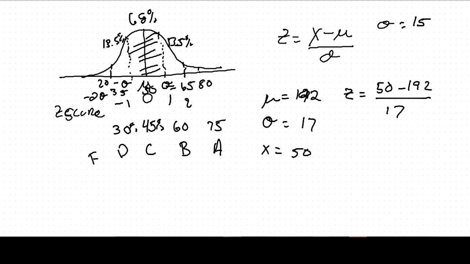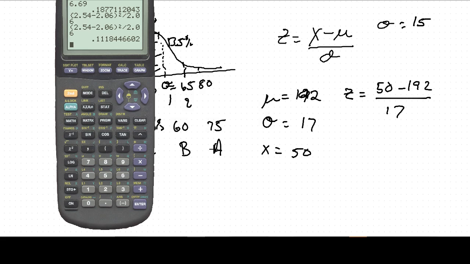And so let me pull out my calculator. So I'm going to do 50 minus 192, and then I'm going to divide that by 17.